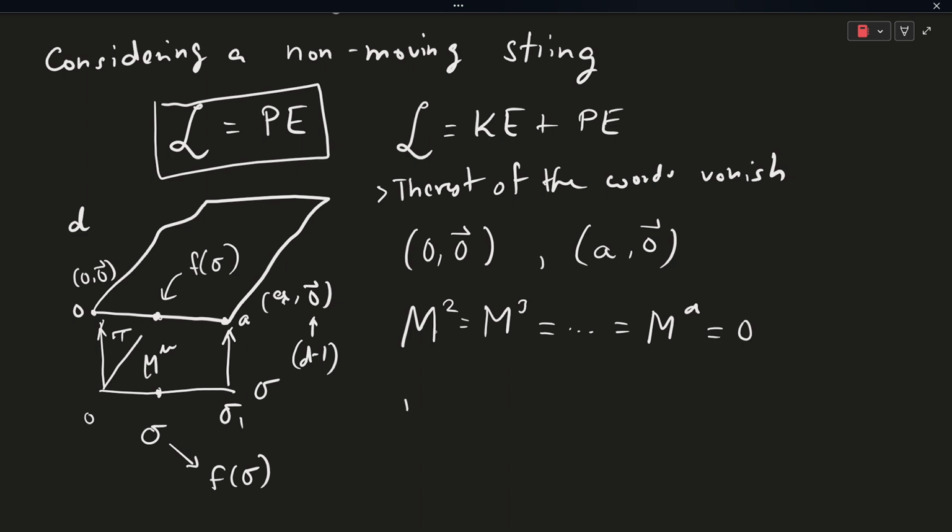I then have some function, so some f that maps my parameter space, so that maps sigma tau to my m mu of sigma tau, and this f particularly only maps sigma, so it doesn't really map my tau, but rather the set of all my sigmas.